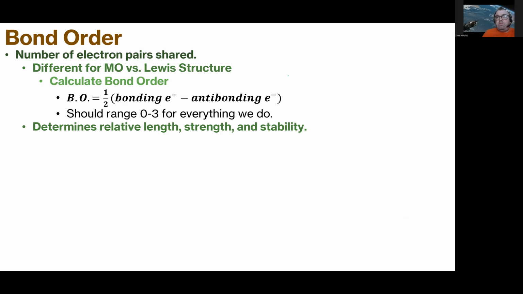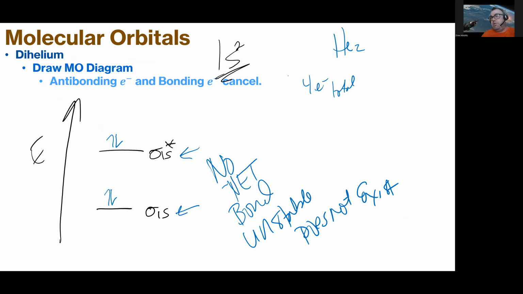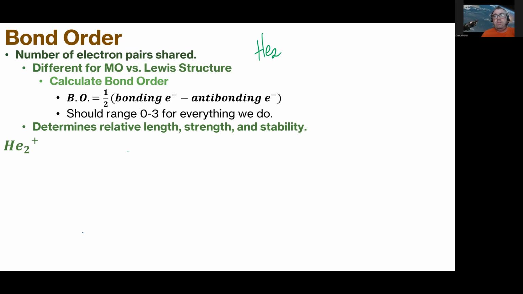And when we did dihelium, notice what we have to do is count bonding and anti-bonding electrons here. So we have 2 bonding electrons and 2 anti-bonding electrons. So when we do that, our bond order is going to be 1/2 of 2 minus 2, which is 0. 0 means our unstable or does not exist condition.